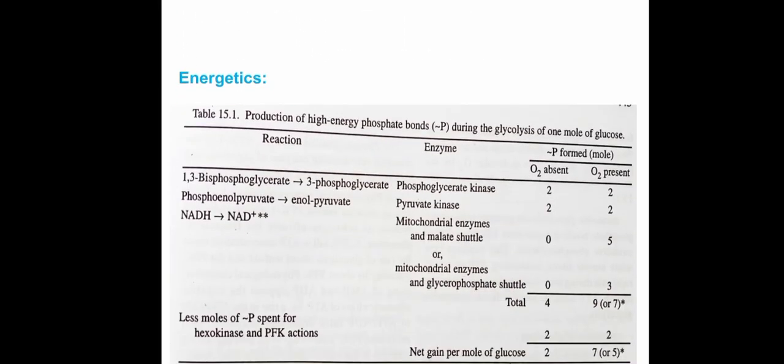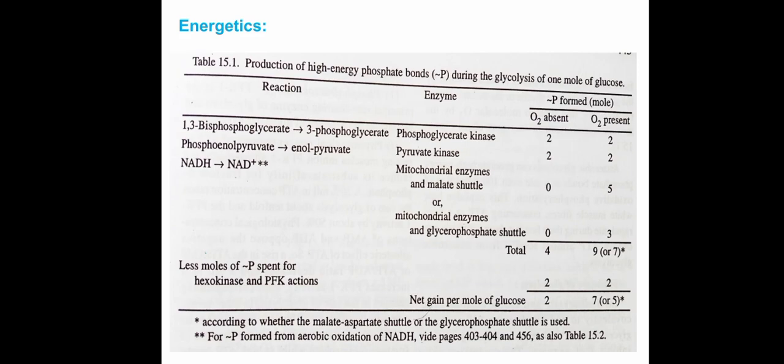When it is produced, if the condition is aerobic, that means if the mitochondrial electron transport chain is there, this NADH will pass through the mitochondrial electron transport chain, via the malate shuttle or glycerophosphate shuttle, and give us further energy.